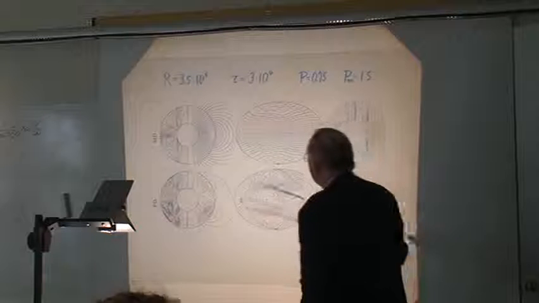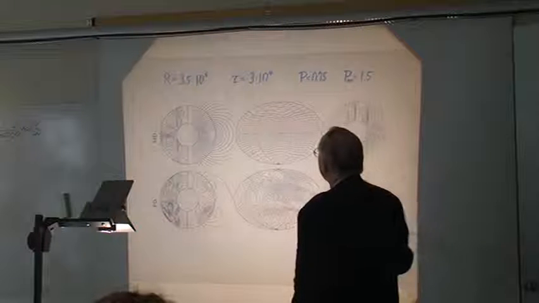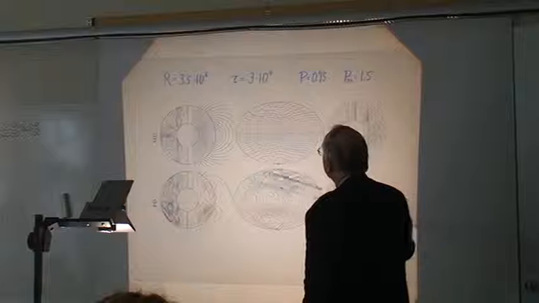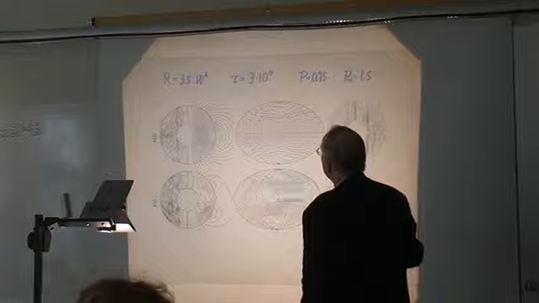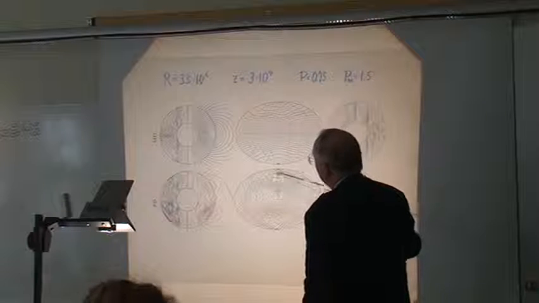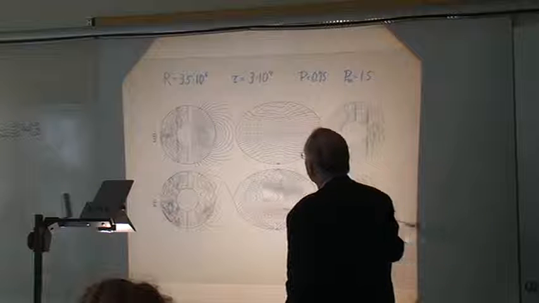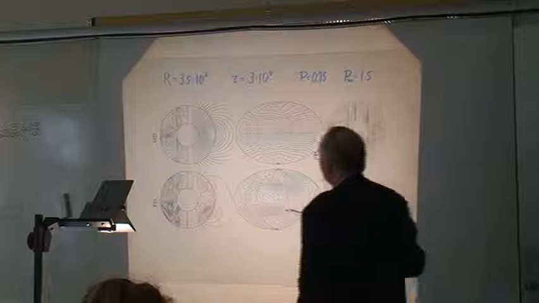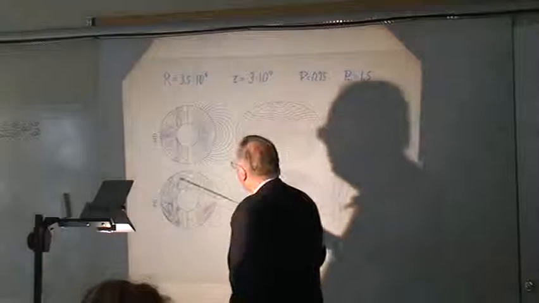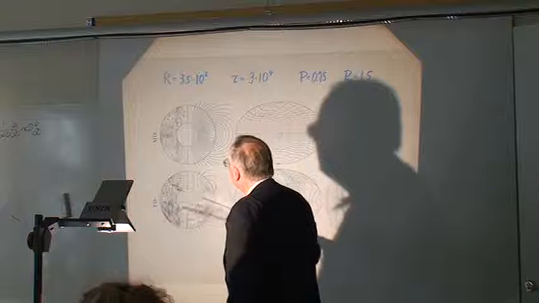But here the mean magnetic field, even if you go further out, is still highly fluctuating, and you still see a dipole, but it is modified quite a bit. The mean toroidal field is indicated here.